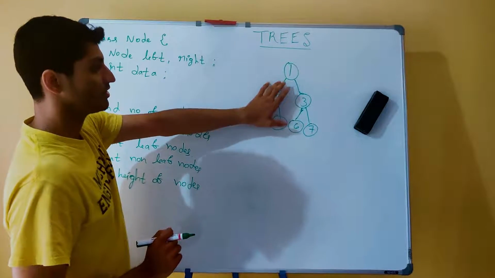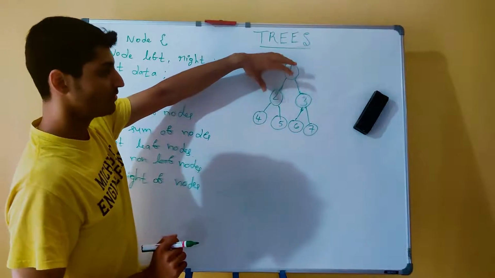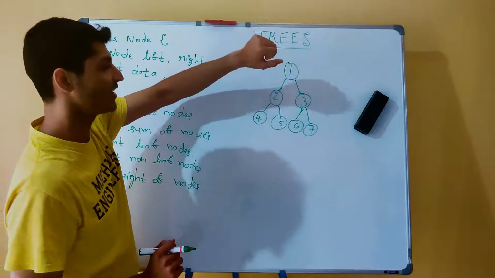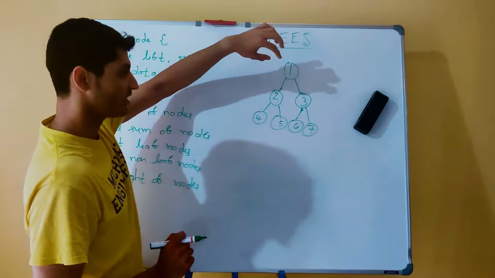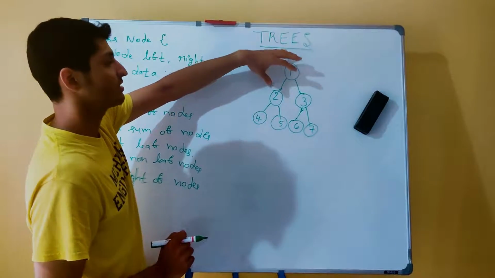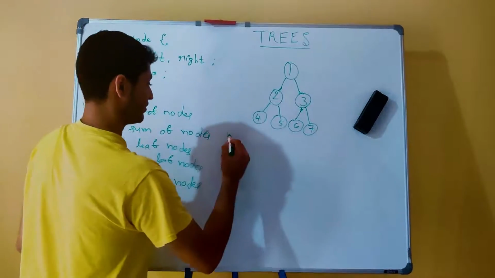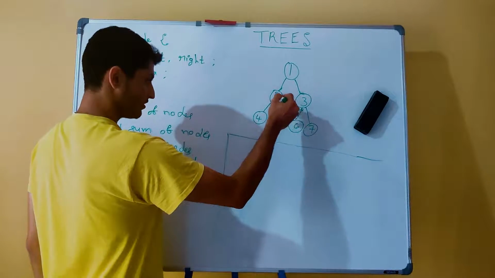Then given the solution to the number of nodes in the left subtree and right subtree, how do you find the solution to this whole tree? Given the solution to smaller subproblems, how do you relate that with the current node such that you get the solution to this whole problem? Let me show you what I mean.